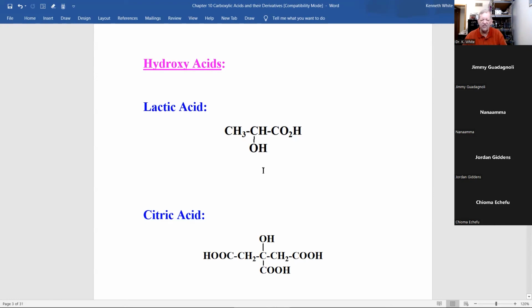Notice this lactic acid has a carboxylic acid. And on the alpha carbon, the carbon bonded to the carbonyl, you have an alcohol. And this is lactic acid.